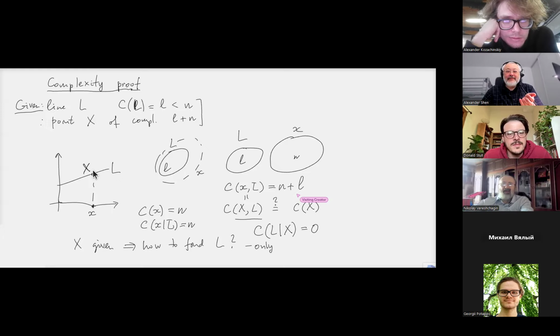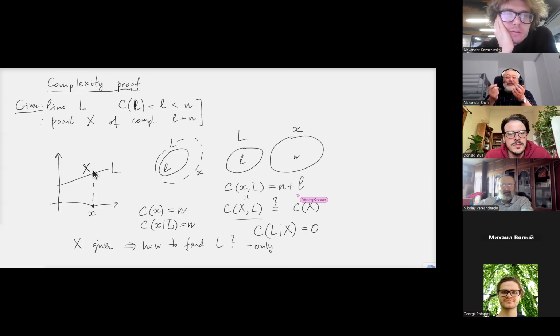And why is the complexity of the pair little x, L the same as the complexity of the pair capital X, L? Because if we know the line L, then every point is determined by its first coordinate. Generally, of course, the first coordinate can be simpler, but if we add L, then they are exactly the same information.